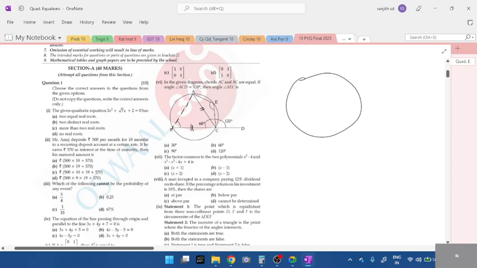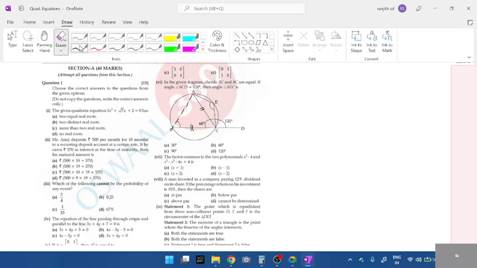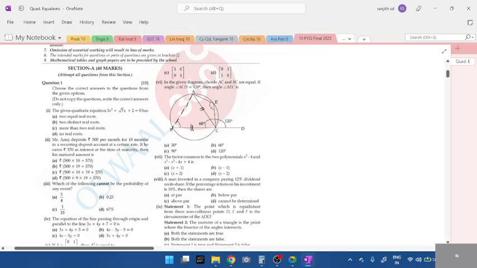Cyclic quadrilateral. In a cyclic quadrilateral, the sum of which two angles will be equal to 180? Angle B plus E should be equal to 180. Angle E is nothing but AEC, right?